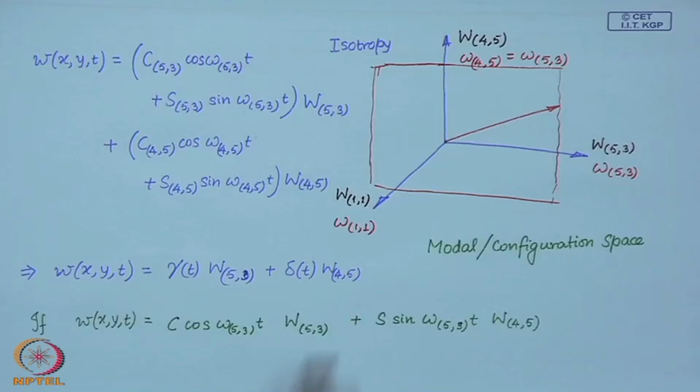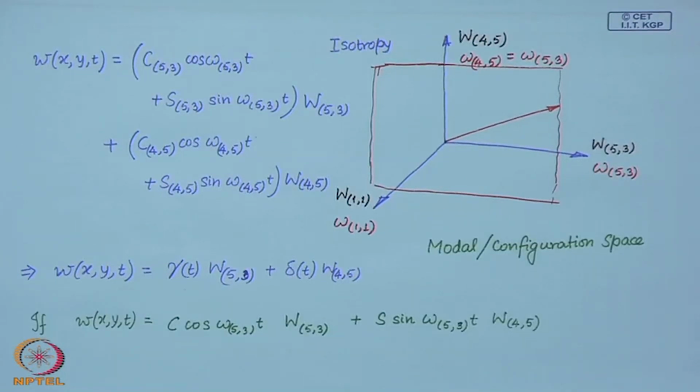Now, in that case, since one is cos, the other is sine, at time t equal to 0, you have this mode. You can see the nodal lines corresponding to this mode, and at time 2 pi by omega, you have this as 0 and this is active. So, you will see the number of nodal lines corresponding to W 4 5. So, it is going to continuously make transitions from W 5 3 to 4 5 and back.